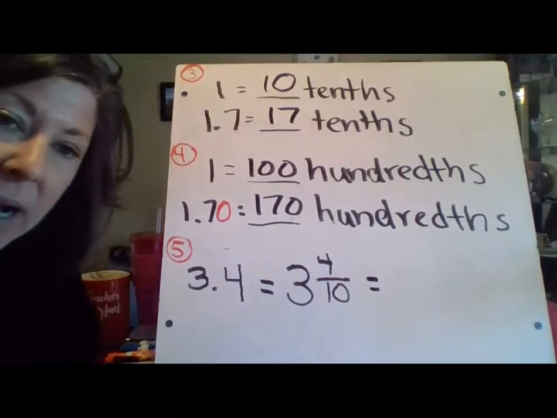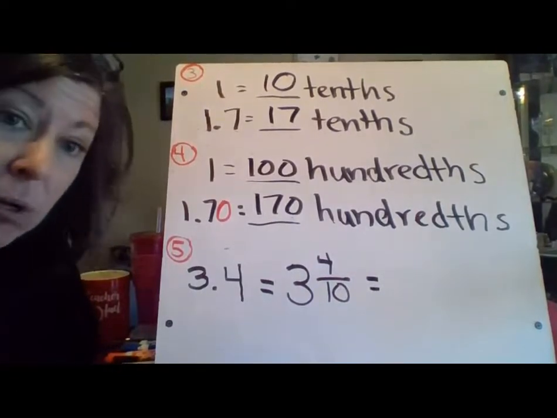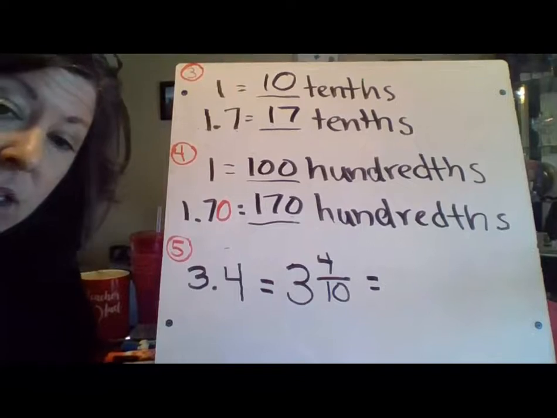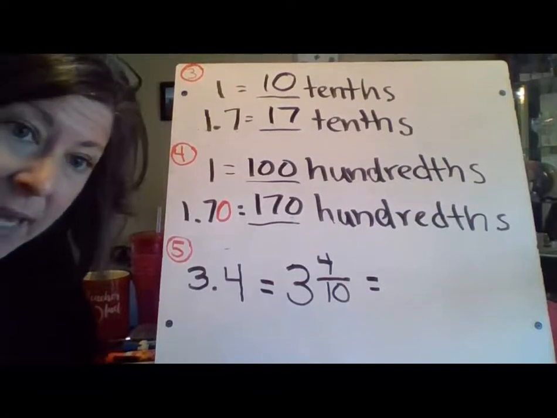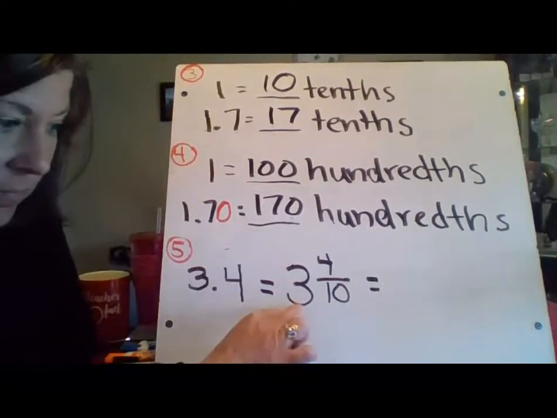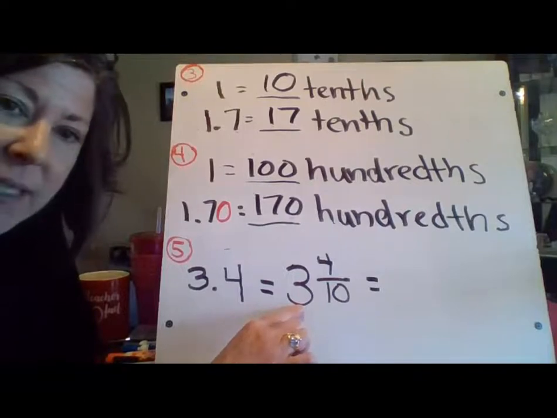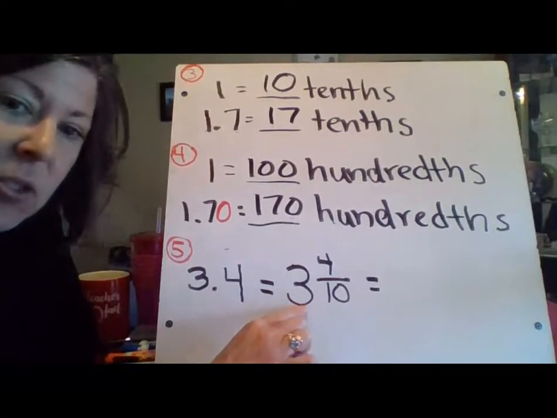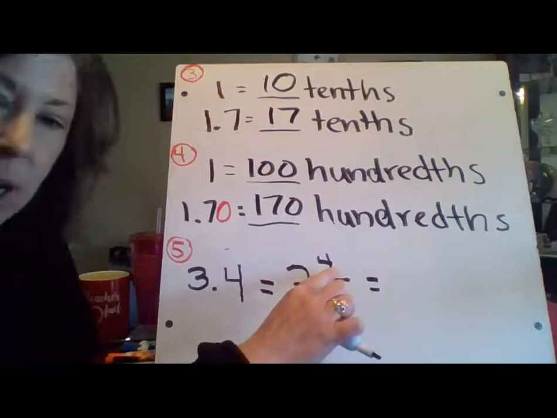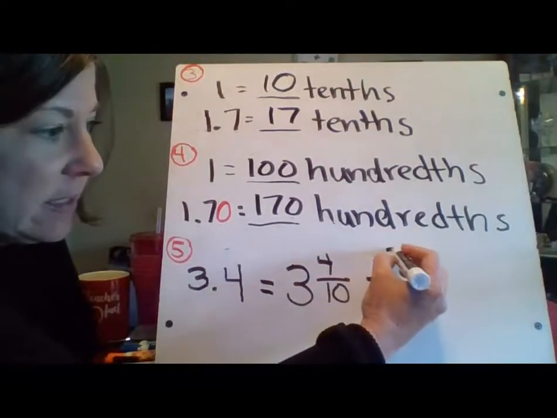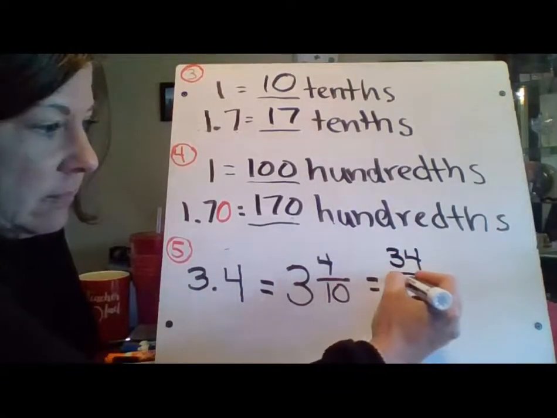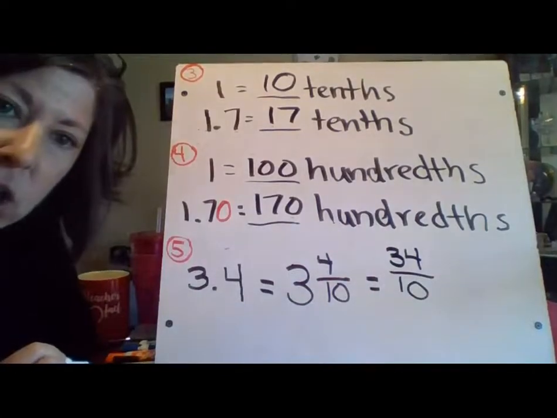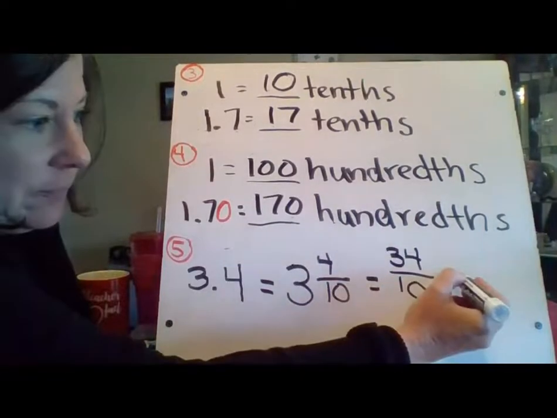In the next 2 boxes, they actually want an improper fraction. So 3 and 4 tenths, well, I know that each whole is 10 tenths. So that's 10, 20, 30, plus an extra 4 tenths is 34 tenths.